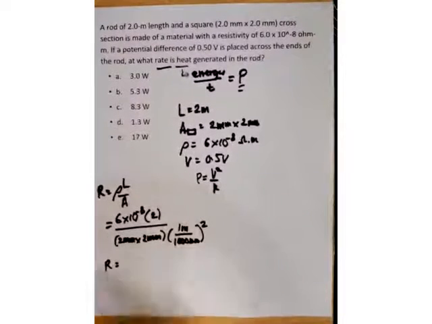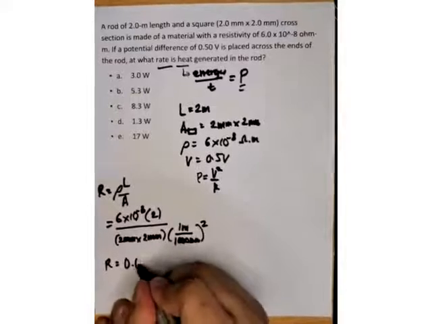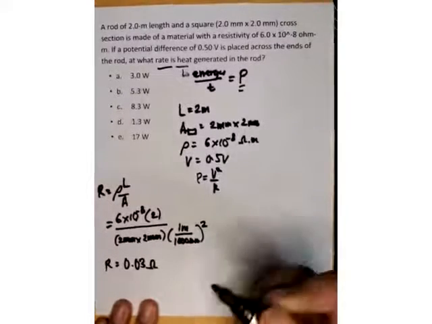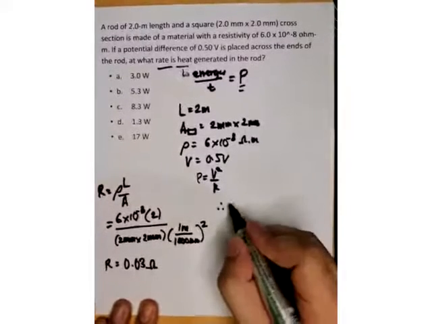So what is the resistance? 0.03 ohms. Ayan.